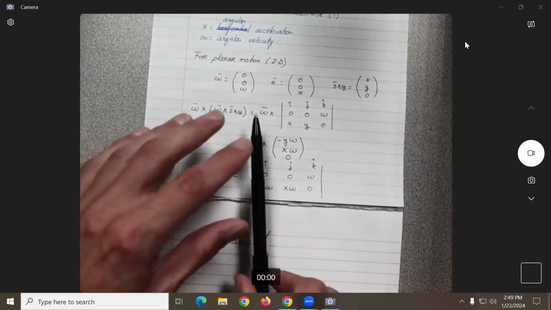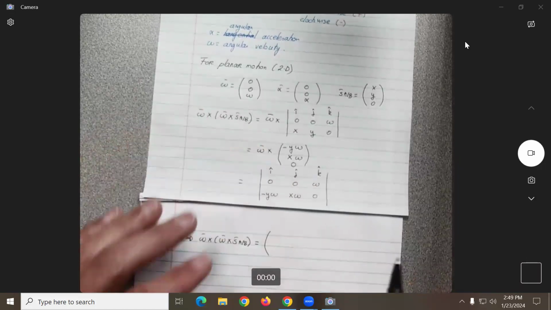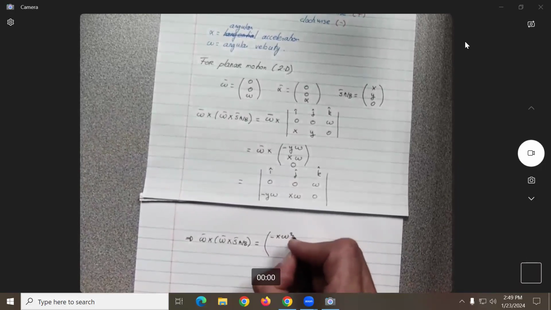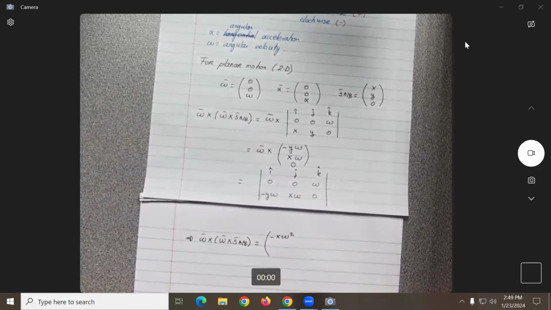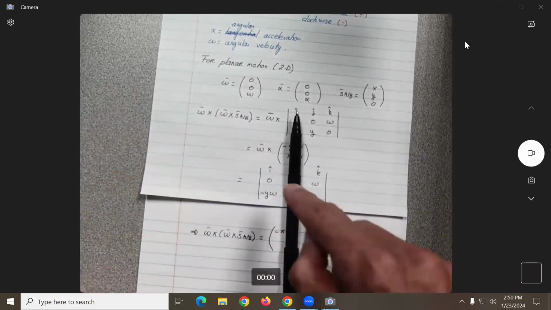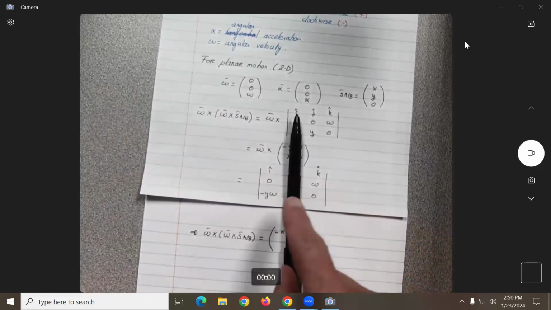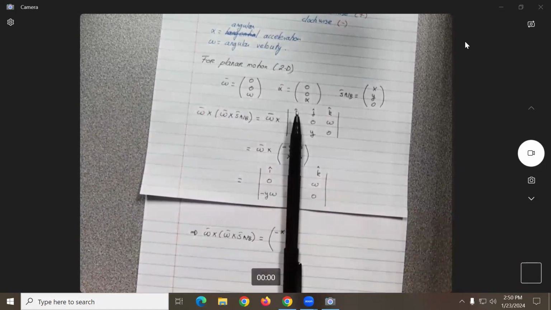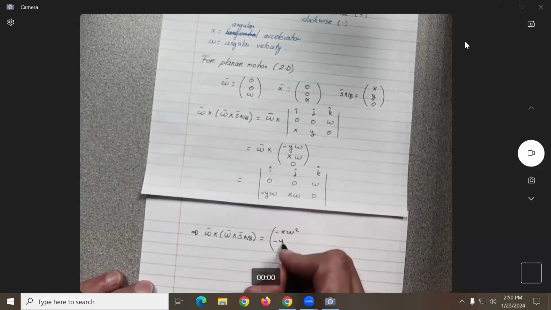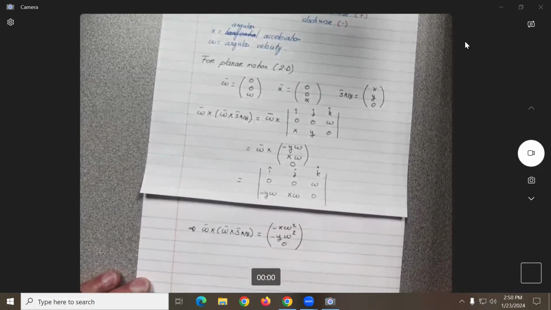I cross this one, 0 times 0 minus x omega squared. Now do the same thing for this one, but remember there's a minus sign already outside. So it will be 0 times 0 minus omega squared y, and there's another minus outside. So there are 3 minuses, no? So it should give you minus y omega squared and 0.